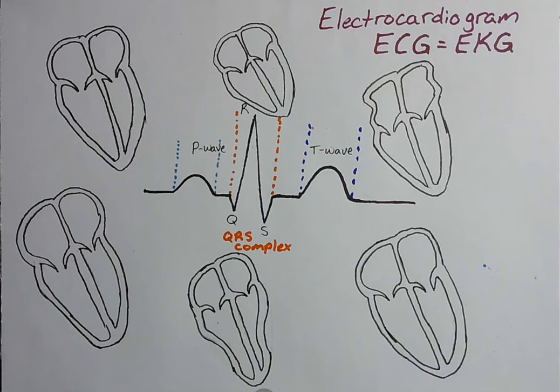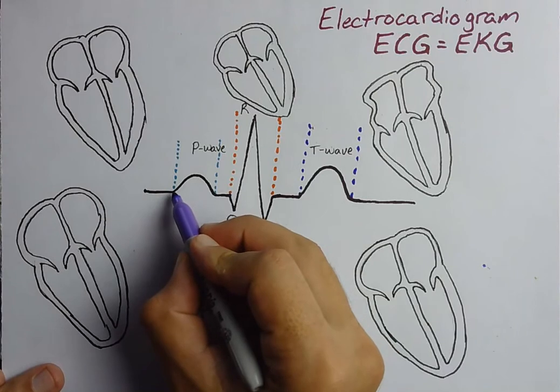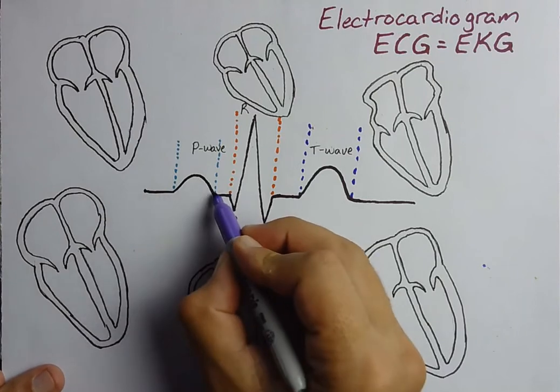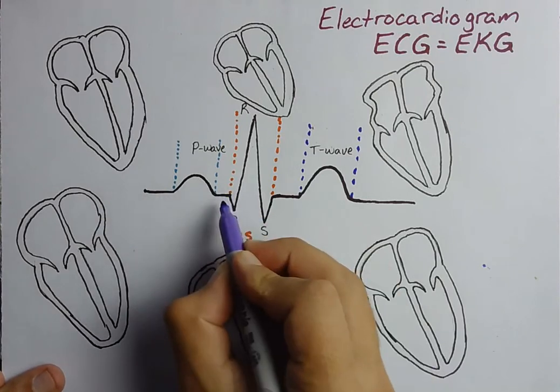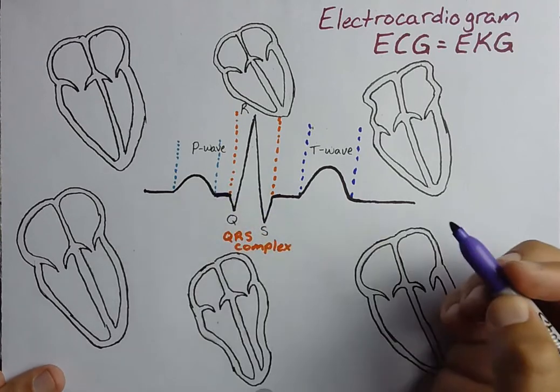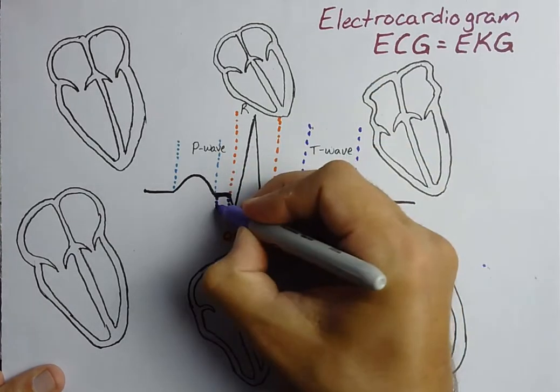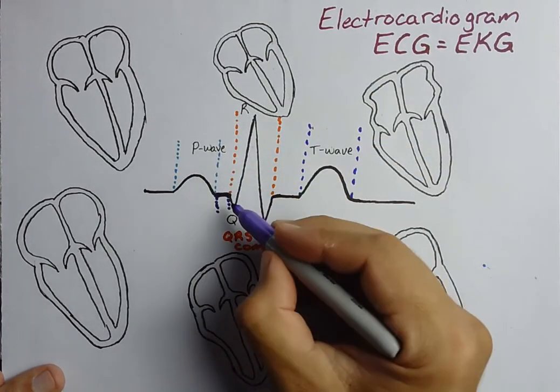All right, that's a nice, easy start. There's a little bit more to think about. There's another place on the curve that we haven't identified yet. We've identified from the beginning of the P to the end of the P, but we haven't identified this little plateau right here. This plateau goes from the end of the P wave to the beginning of the QRS complex.